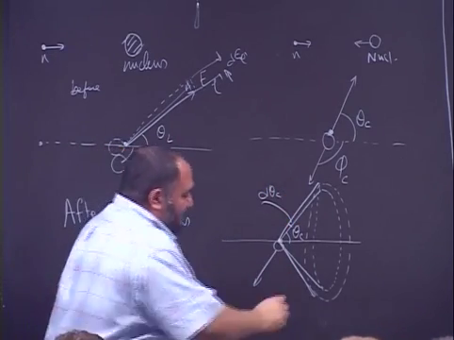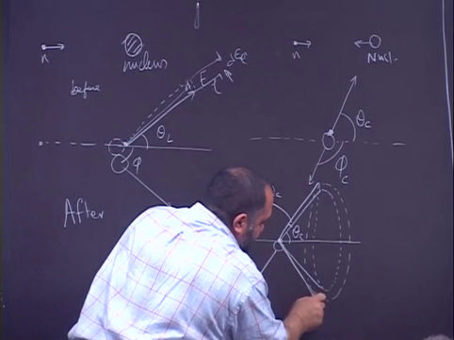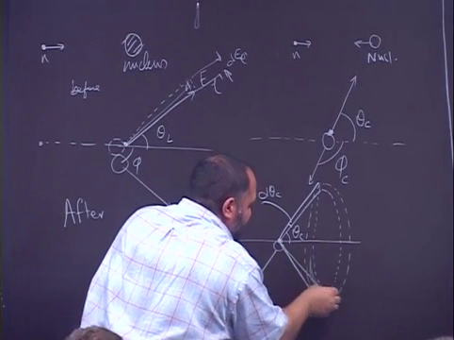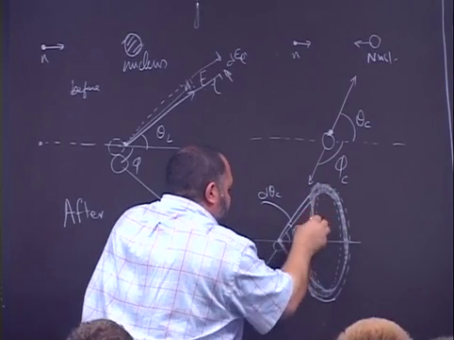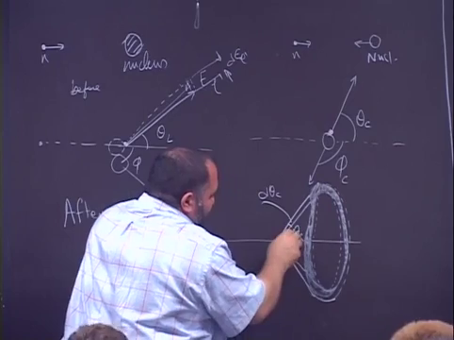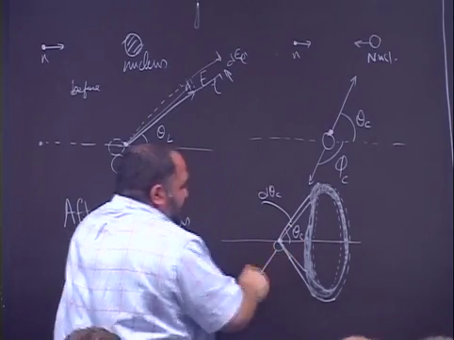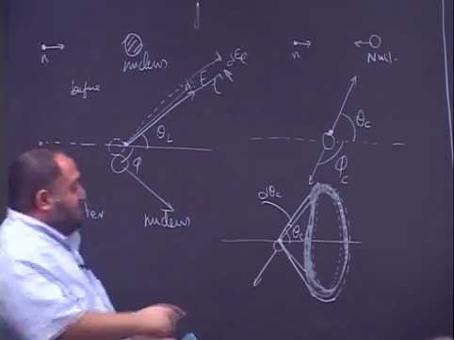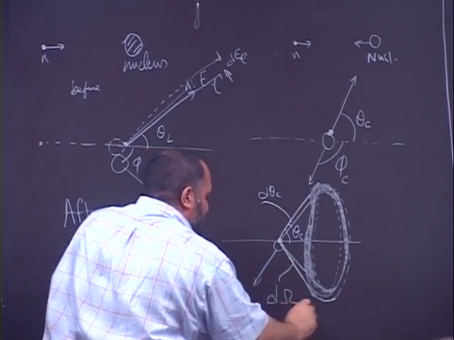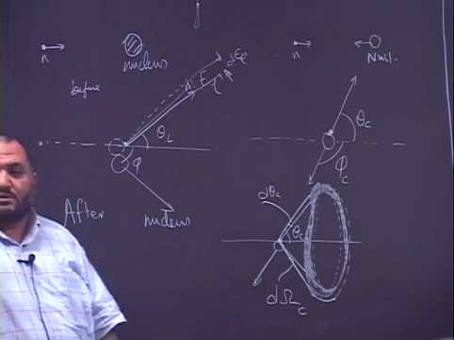So what's this cone? The cone has a solid angle. If you look at the cone, the solid angle here is just delta omega_c. Okay, guys?